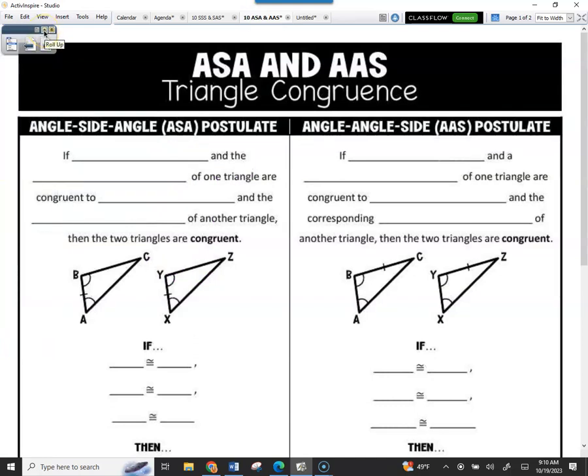Okay. If two angles and the included side of one triangle are congruent to two angles and the included side of another triangle, then they're congruent.